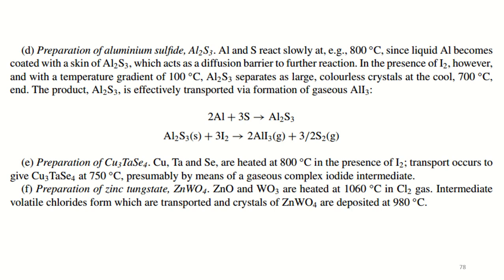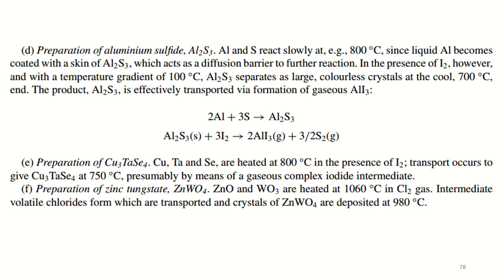In the presence of iodine, however, and with a temperature gradient of 100 degrees Celsius, aluminium sulphide separates as large colorless crystals at the cool end, 700 degrees Celsius, and the product aluminium sulphide Al2S3 is effectively transported via formation of gaseous aluminium iodide.